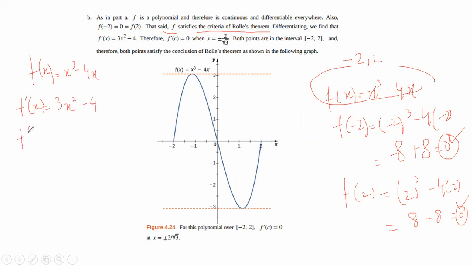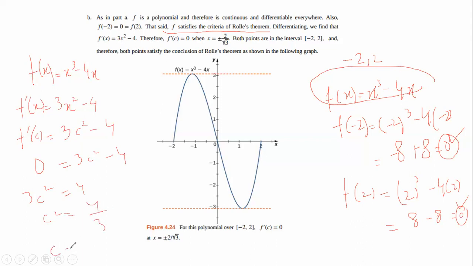Now I have to take f derivative of c, so it will be 3c square minus 4. So here it is 0, 0 equals to 3c square minus 4. So 3c square equals to 4 and c square equals to 4 upon 3.